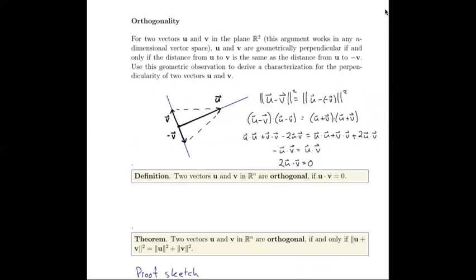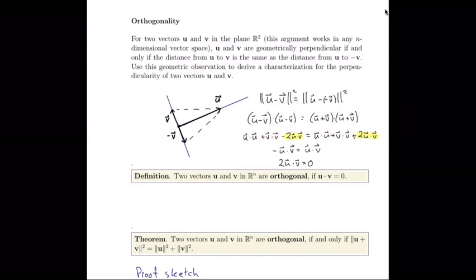Now, on this side, the distributive property and commutativity allow us to write this norm as the expression we have here. On the right-hand side, similarly, we get this expression, and we notice that u dot u and v dot v are common to both sides, so we subtract that from both sides. And we have negative 2 u dot v equals positive 2 u dot v.